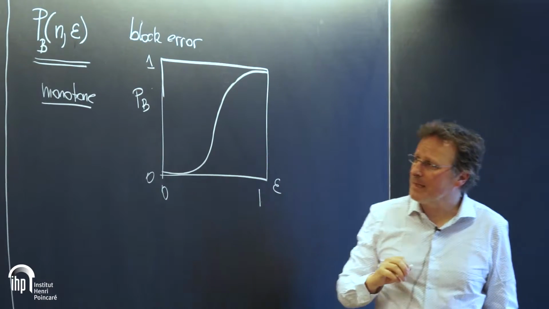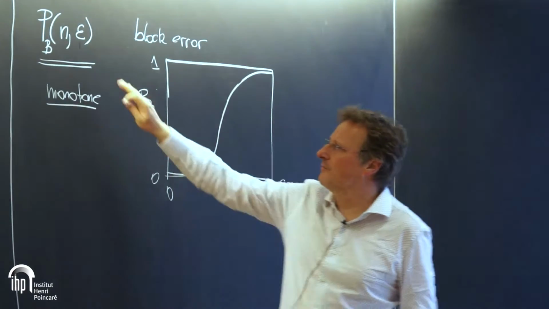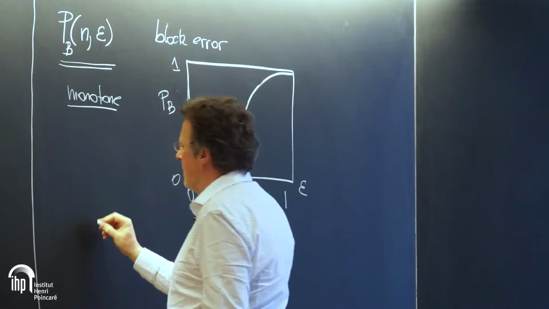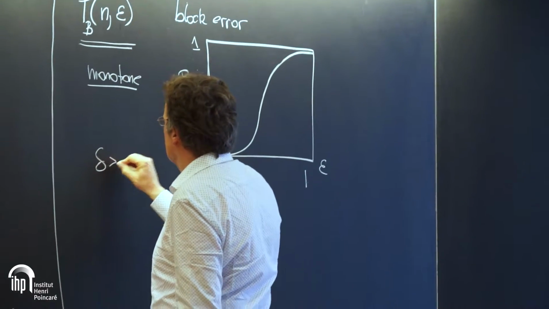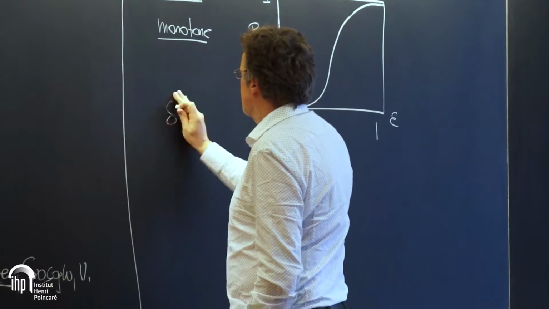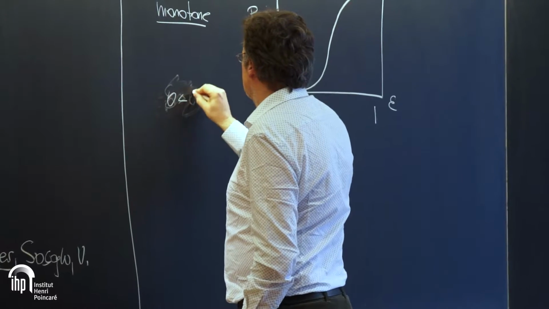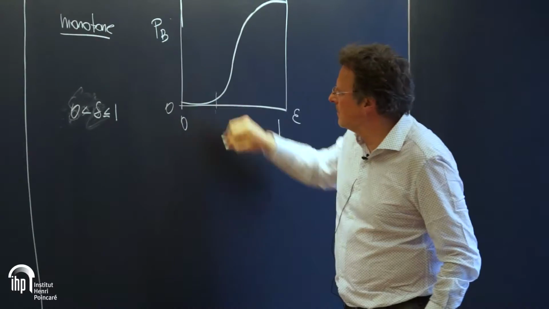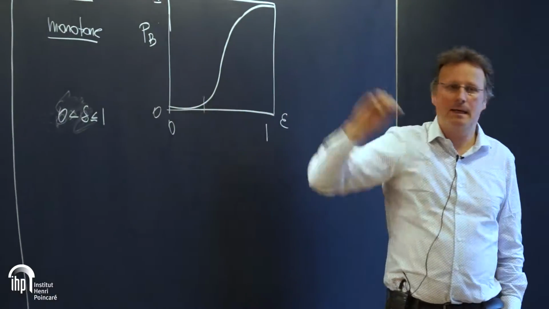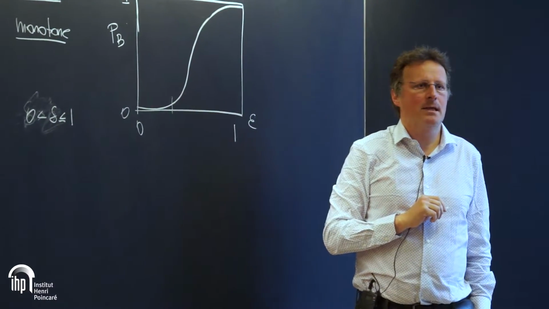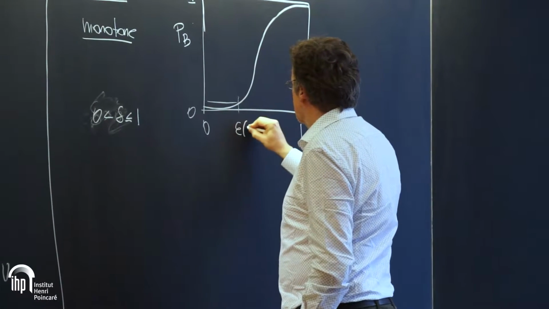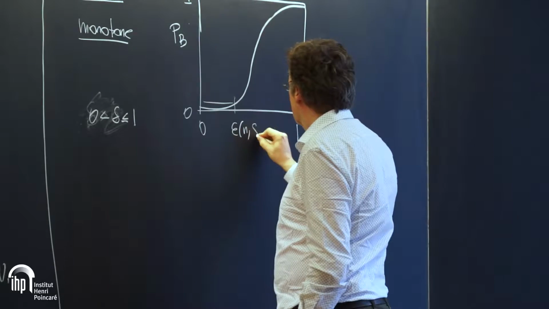Now, if we're talking about threshold behavior, if this is monotone and let's assume continuous, then it makes sense, given some delta between 0 and 1, to define the parameter at which this block error probability hits this level. So I can define here an epsilon, which of course depends on n and on delta.